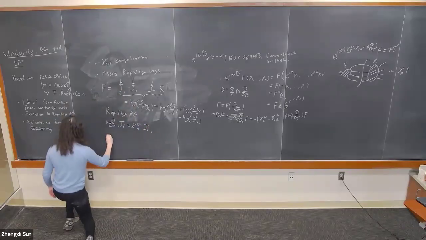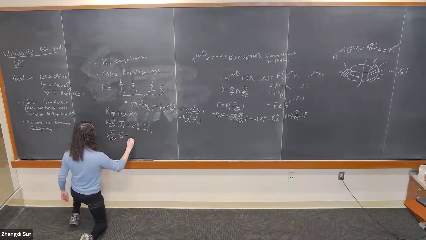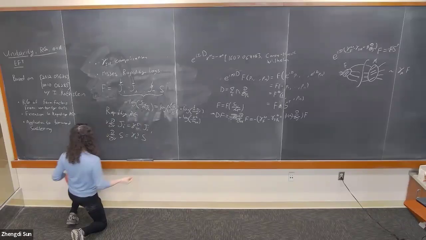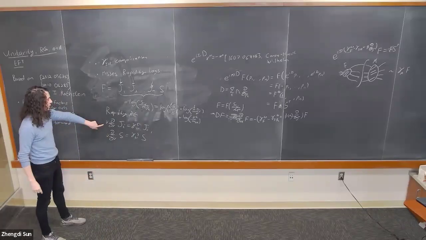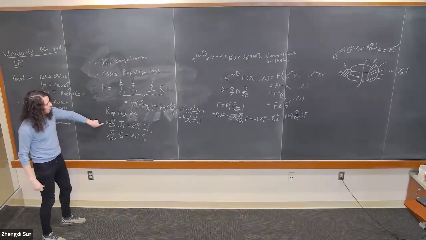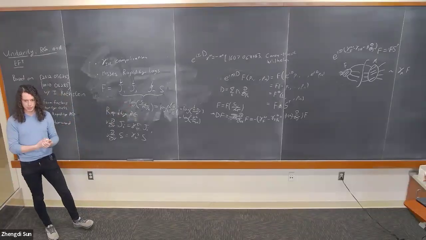And same with our soft function, which develops a separate soft anomalous dimension. And then by solving these rapidity RG equations, it allows you to sum these large rapidity logs and return perturbative control again.